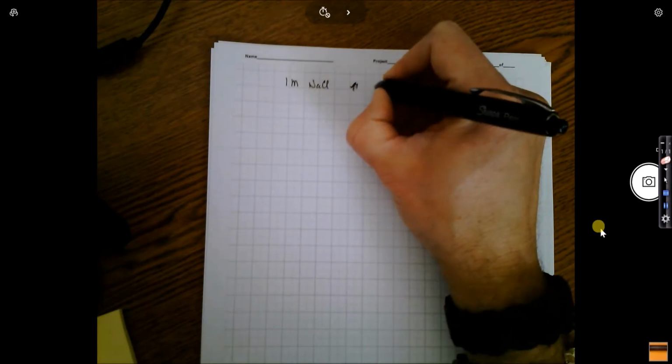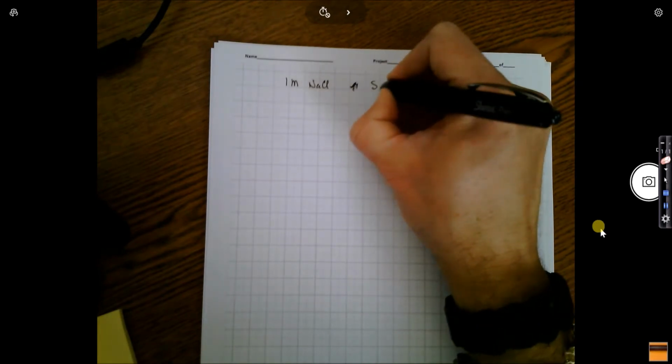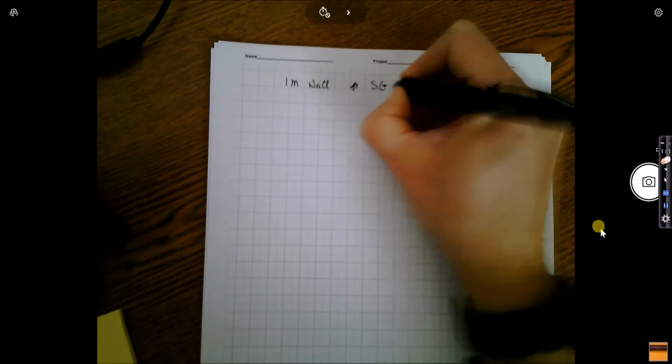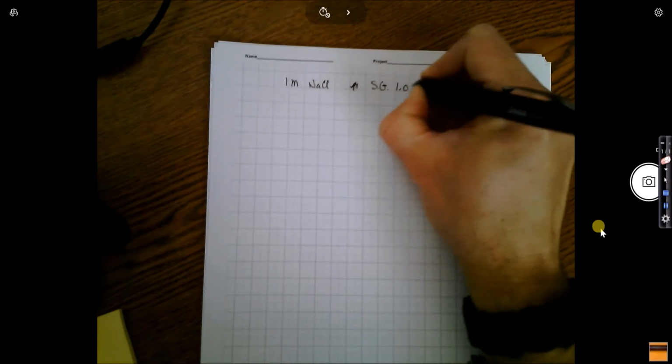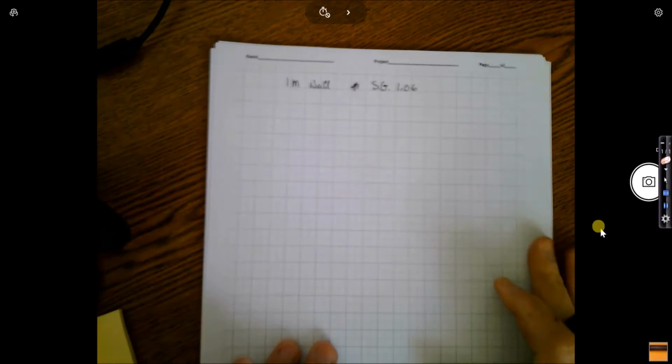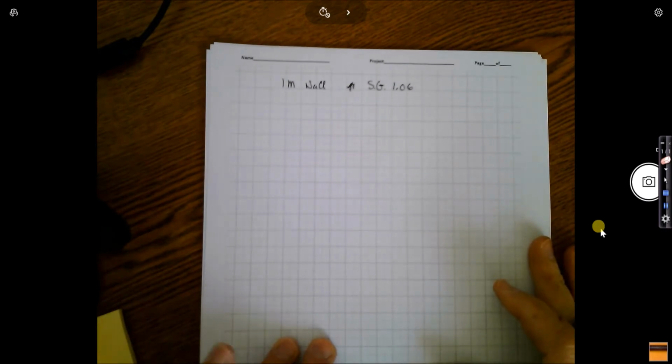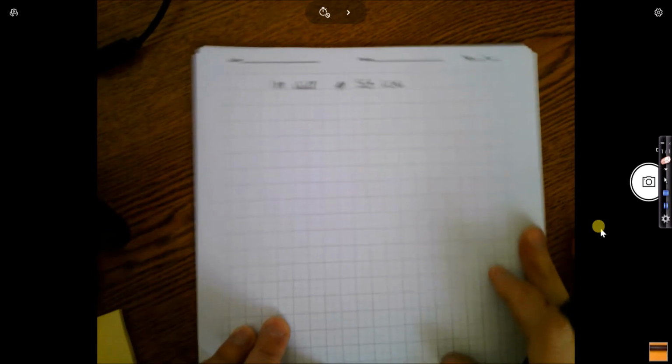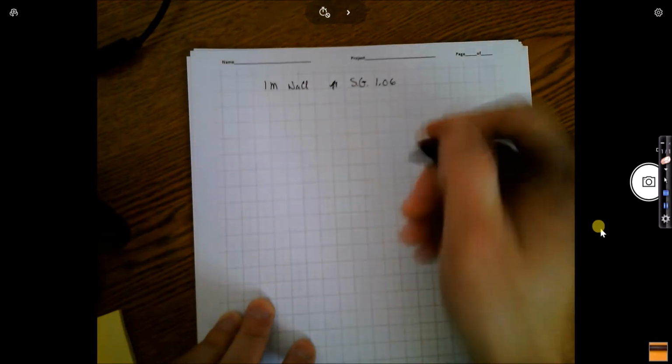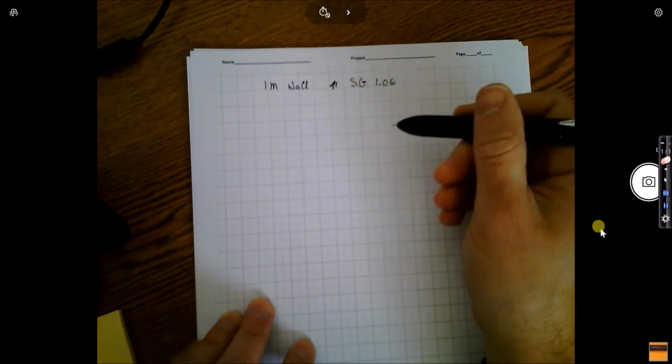I'll show you why in a little bit. The reason I'm saying specific gravity instead of just density is we're going to be doing things in terms of kilograms and cubic meters instead of grams per cubic centimeter, and using specific gravity is slightly easier.